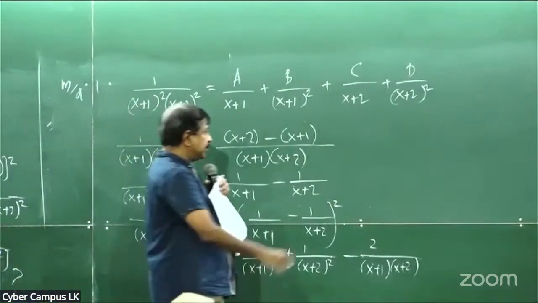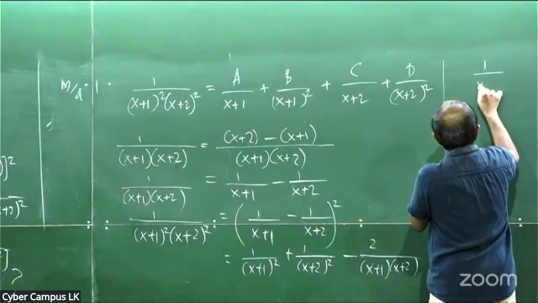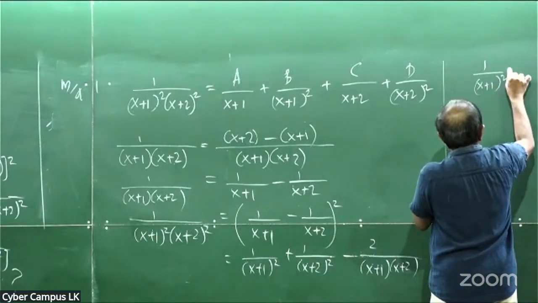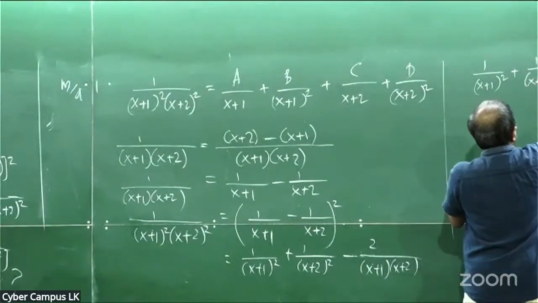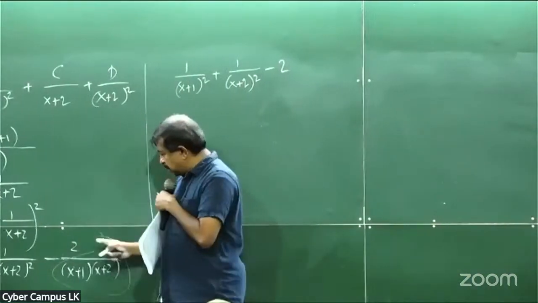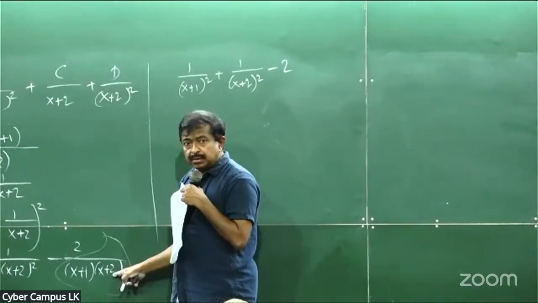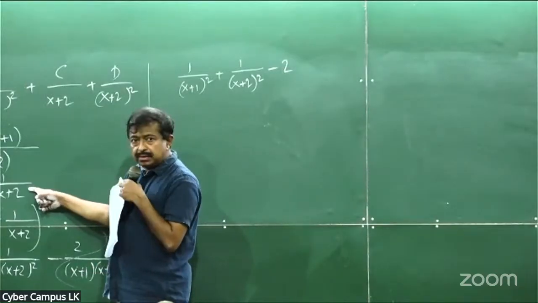Now you can pull out minus 2. What is this? This 1 over this 1 over x plus 1 times x plus 2. You have it right there.